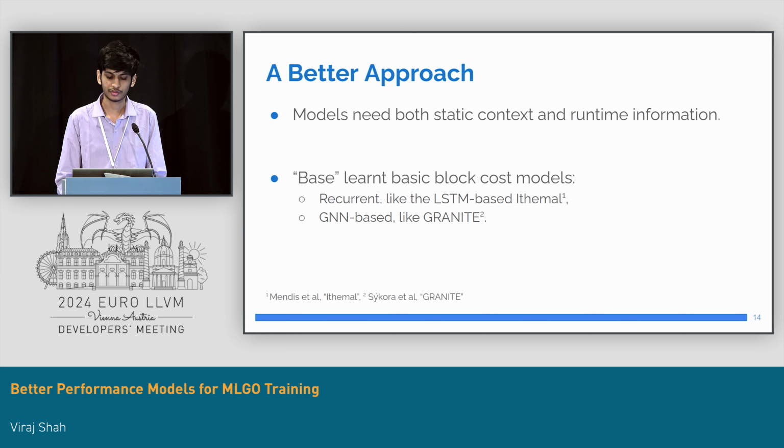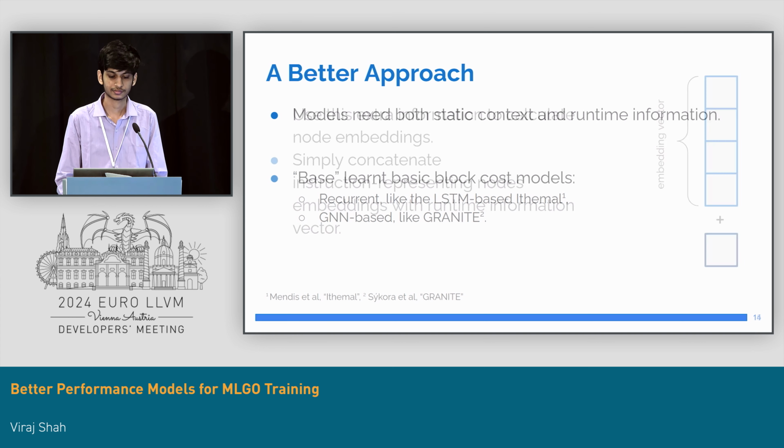Granite has a more detailed representation and is better suited to learning patterns in code and to be able to understand the underlying memory access pattern. So that is what we chose to extend.